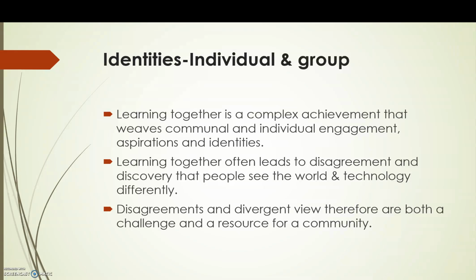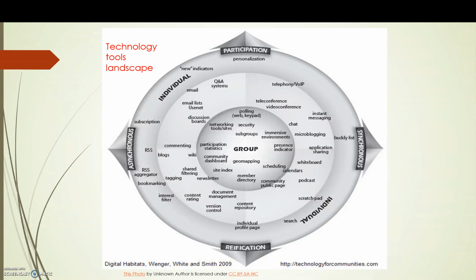So it is these disagreements and the divergent views of the members that are the challenge when it comes to identities, but at the same time, each one of them is also a useful resource for our community because the community has to come up with a way of solving each one of them. So the polarities are summarized on a diagram as we can see it on the screen.